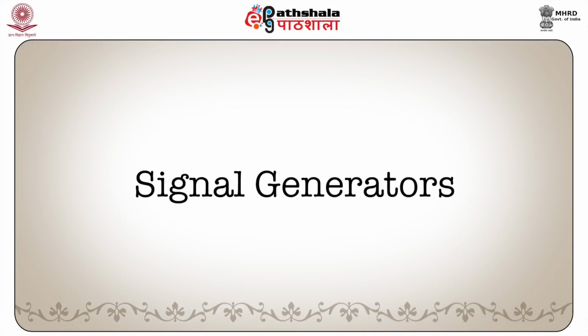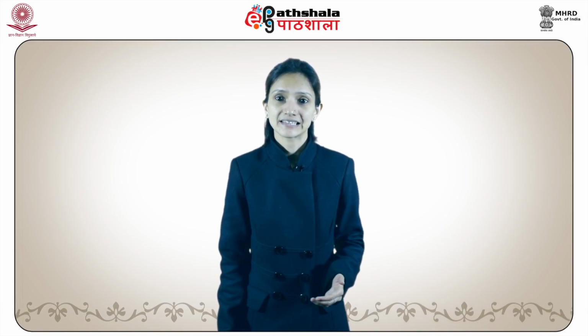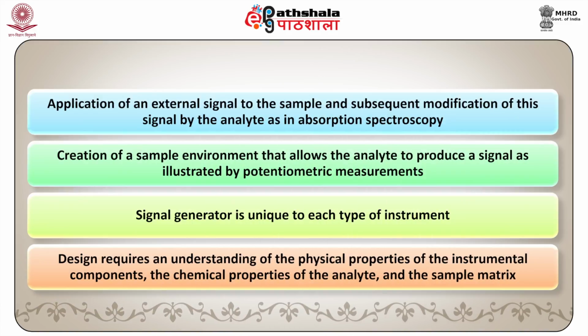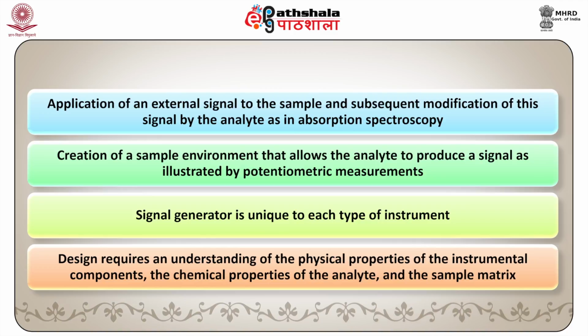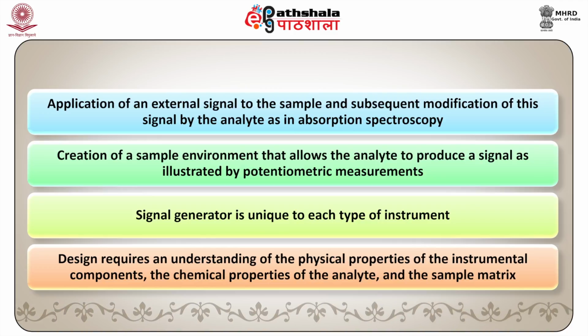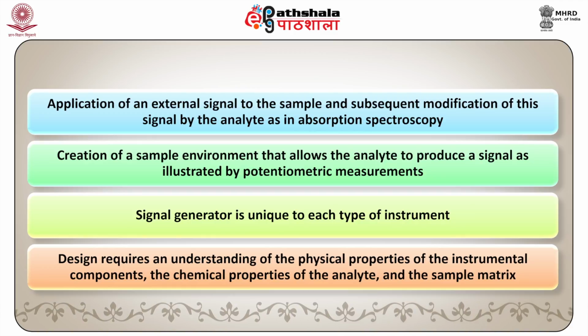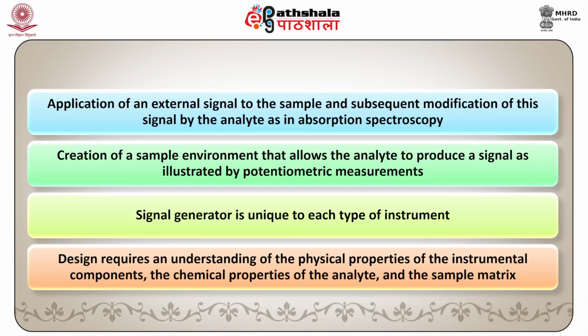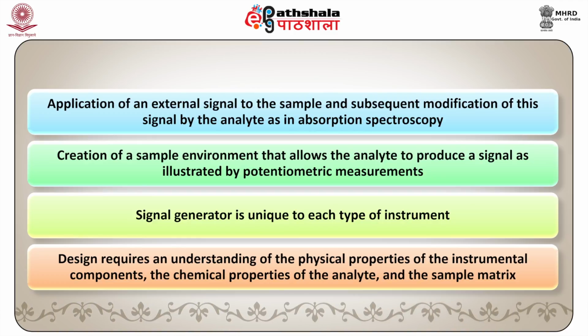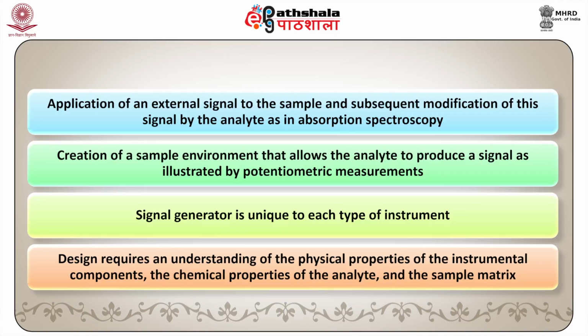Next are signal generators. The signal used to transfer information from the analyte to the electrical modules of the instrument originates in the signal generator. Two general methods are used for signal generation: first, application of an external signal to the sample and subsequent modification of this signal by the analyte, as in absorption spectroscopy, and second, creation of a sample environment that allows the analyte to produce a signal, as illustrated by potentiometric measurements.